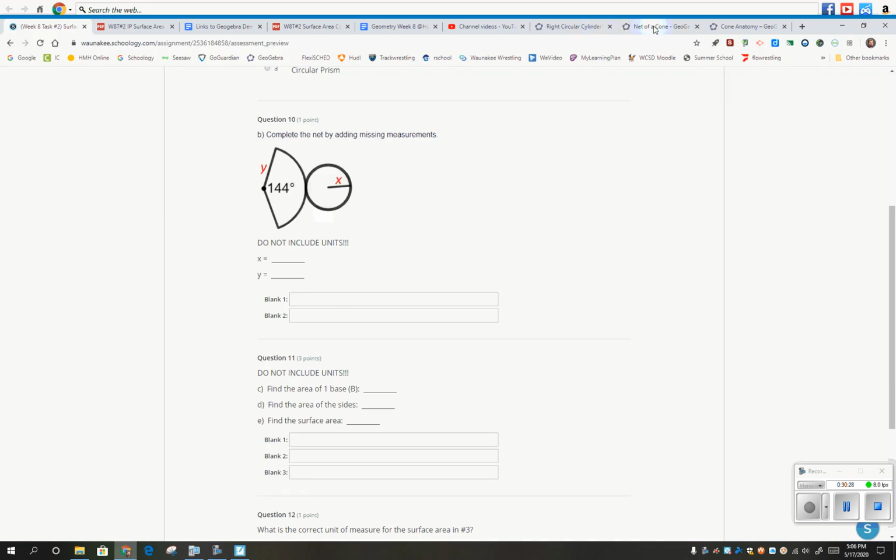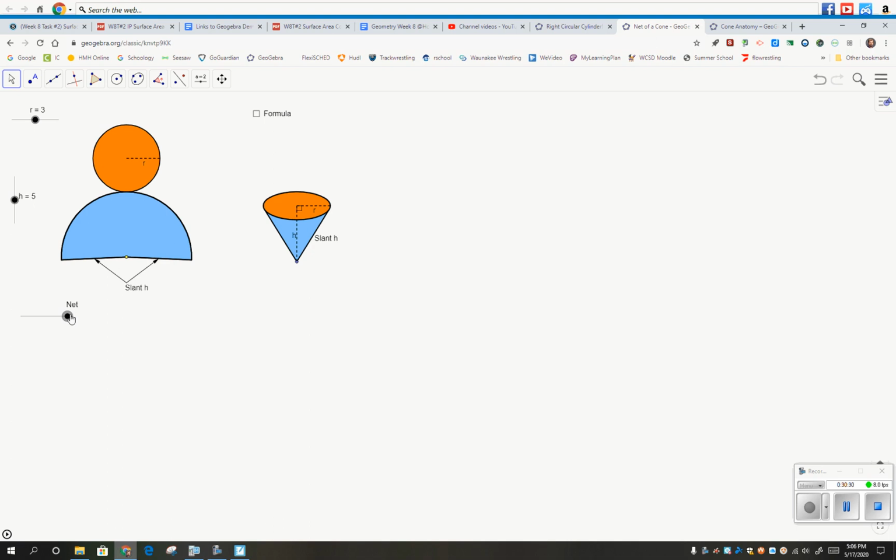So if I go back to my cone net, notice what measurements here were equal. The circumference of the base here equals the circumference of this cone part, which, when I unfold it, that's actually the arc length of the sector.